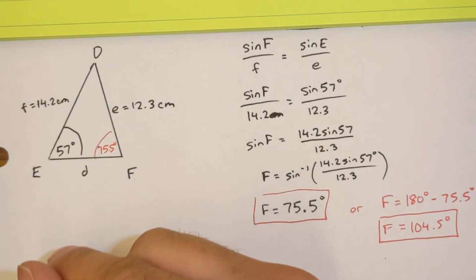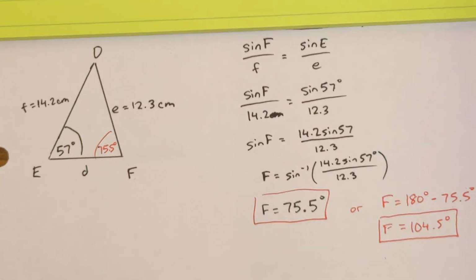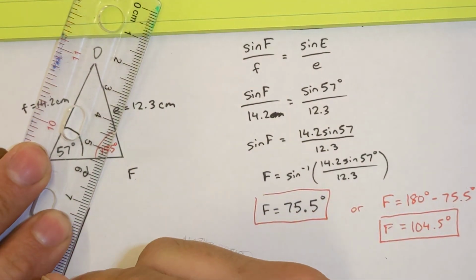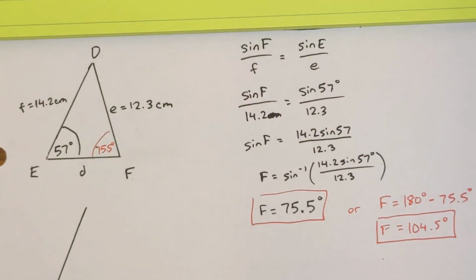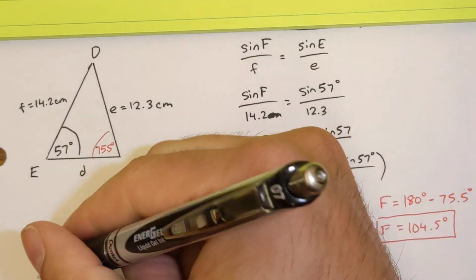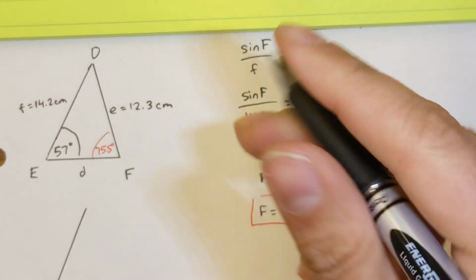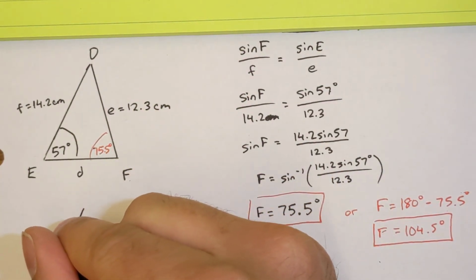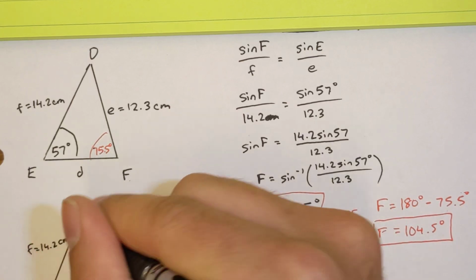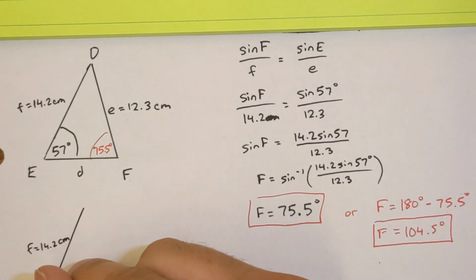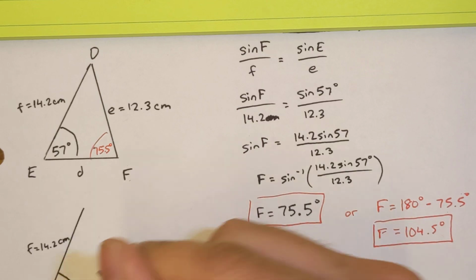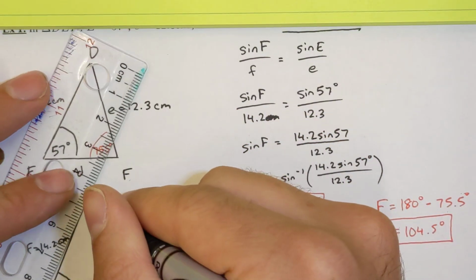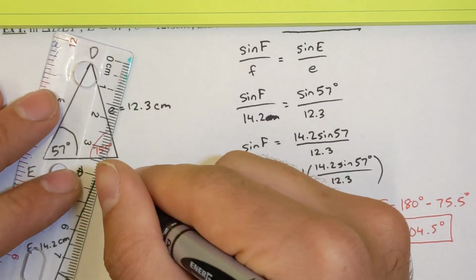If I draw my 14.2 the same direction, and I draw this D in the same direction, so I have an F equals 14.2 centimeters. I have this is 57 degrees, which looks about the same as my other answer here. Can I draw this big enough?